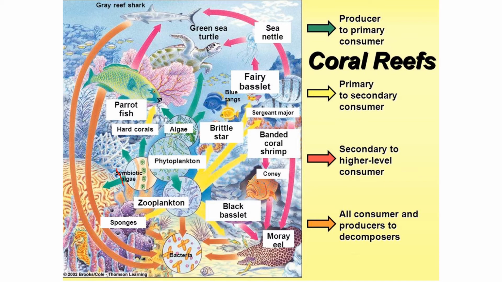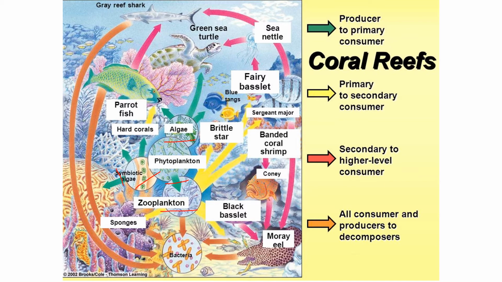And in the coral reef, the main producers are the phytoplankton, the different algae, and the symbiotic algae also. They are all the producers of the coral reef ecosystem, and they are eaten by the zooplankton, in different varieties. And this zooplankton is eaten by different small fish.